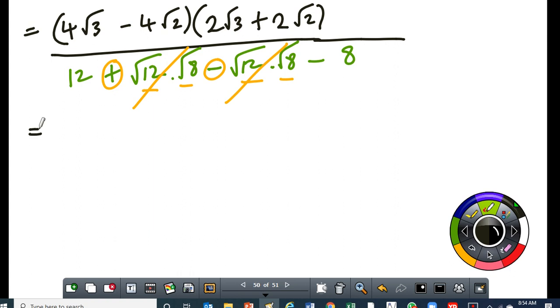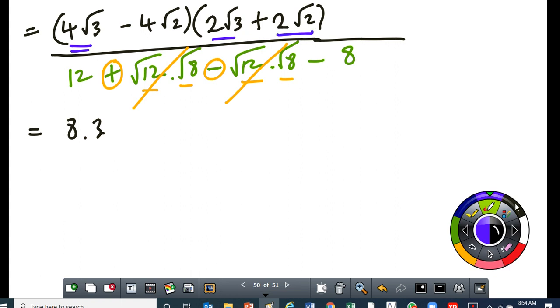my numerator, I can simplify my numerator now and say 4 times 2, that will be 8. Square root of 3 times square root of 3, that will be a 3. I'm simplifying the numerator. I multiplied these two first. Then, now I have to multiply this one here and that one.